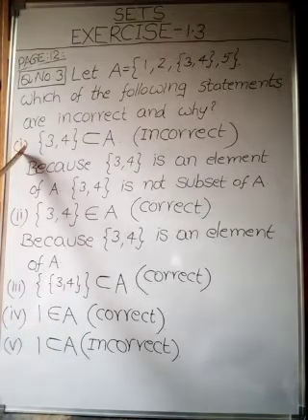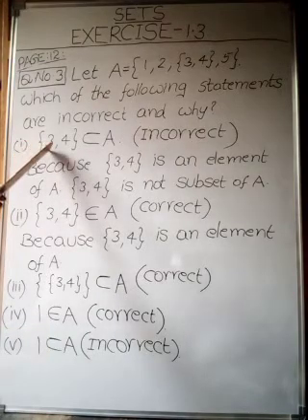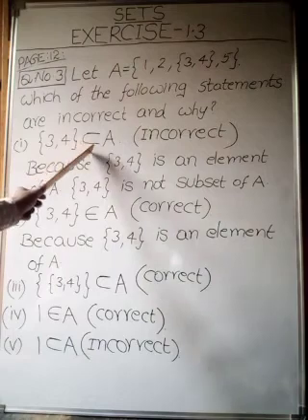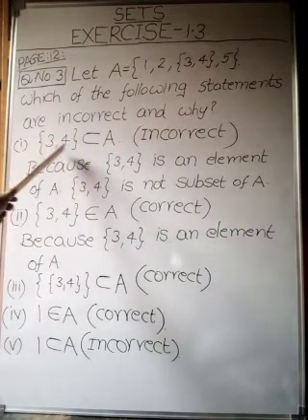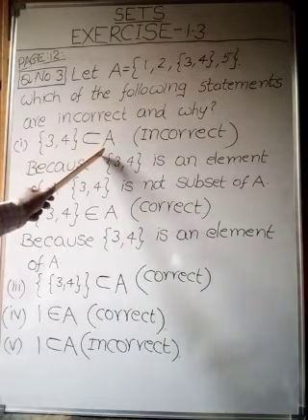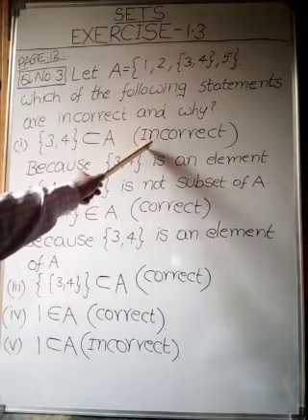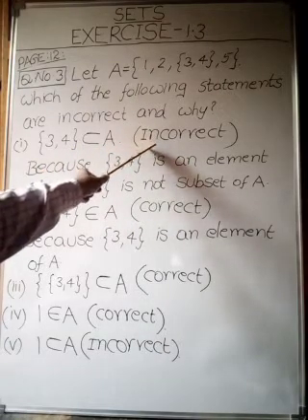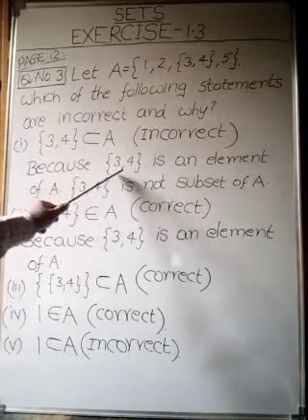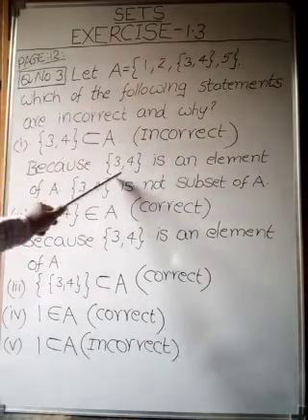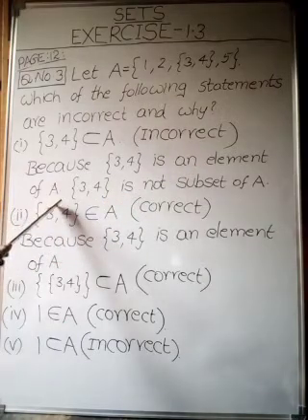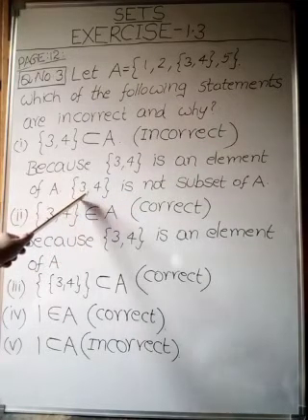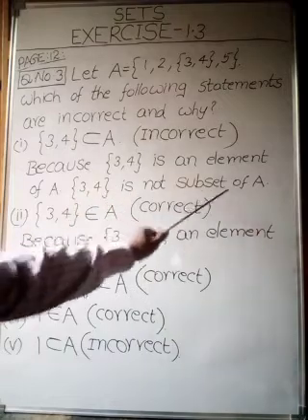Come to the first statement. {3, 4} is a subset of A. It is a false statement, an incorrect statement. Because previously I told you {3, 4} is an element of A, not a subset of A. {3, 4} is not a subset of A.